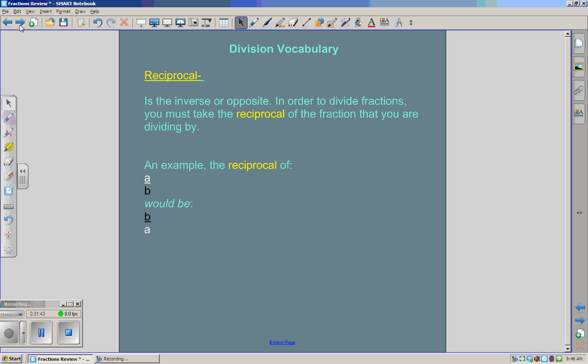Reciprocal just means the inverse or opposite. So when I say multiply by the reciprocal, I'm going to have you flip the second fraction or the fraction that you are dividing by. So if my fraction is A/B, I'm going to have you flip it into B/A. I know that's a little abstract using letters, but I'll give you an example right now.